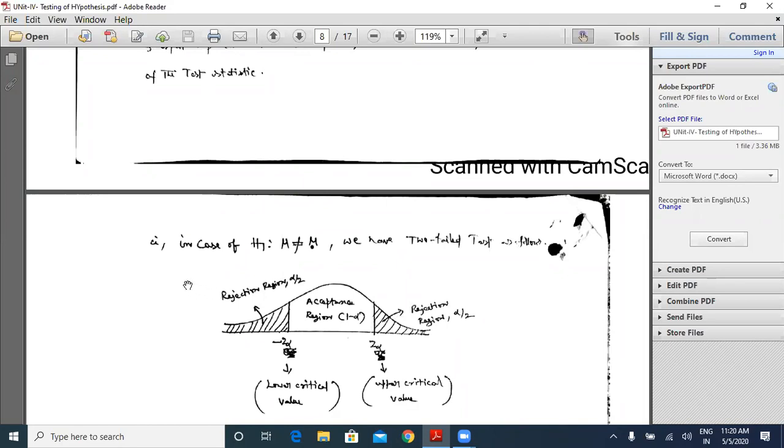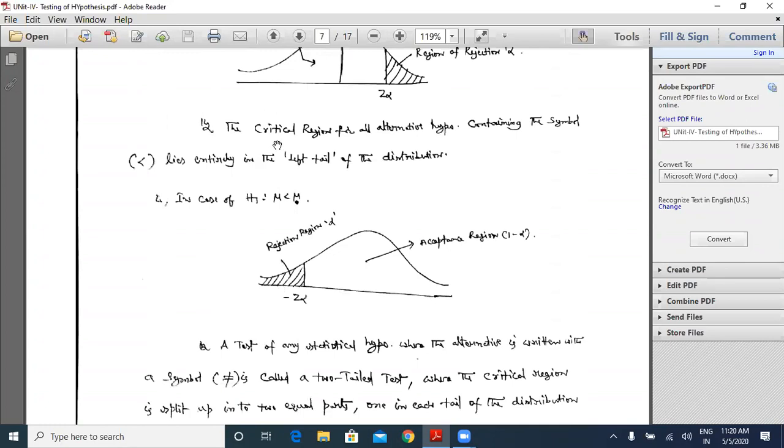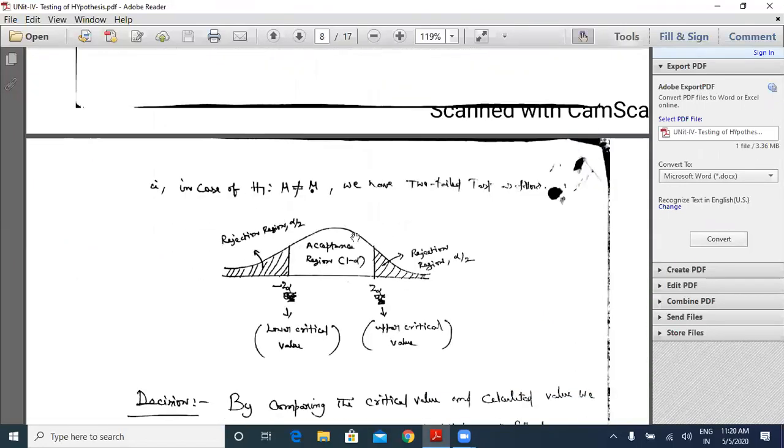I think now we are clear about that. This is a right tail test, this is a left tail test. Both of them are called single tail test. And since the critical region is split into two parts, alpha by 2 and alpha by 2, it is called a two tail test.